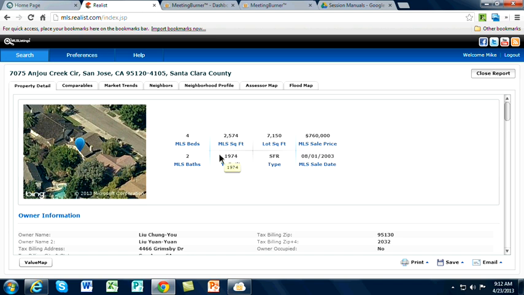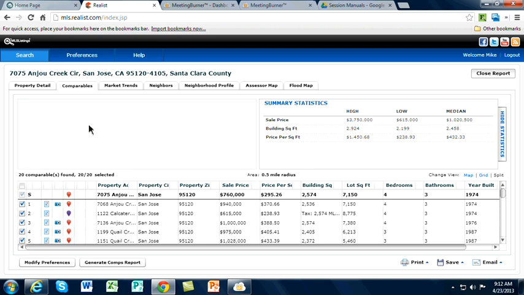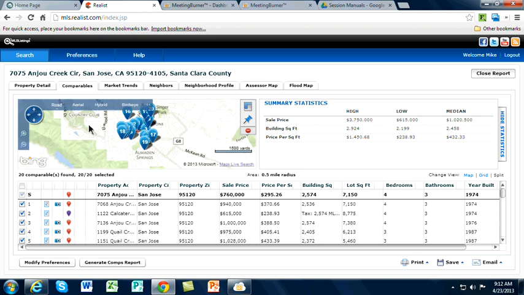The big mistake one could make as an agent is just handing a copy of the profile to a client and letting them look at it, because this tab here is comparables, and these are title company generated comparables. I have to admit they've gotten better, but there are usually a lot of issues with their comparables.